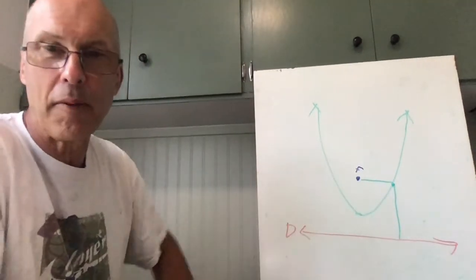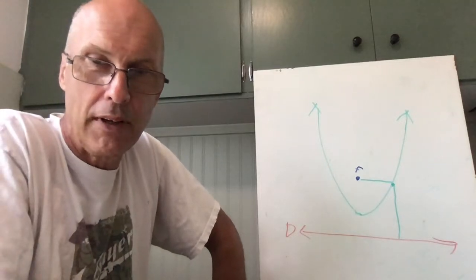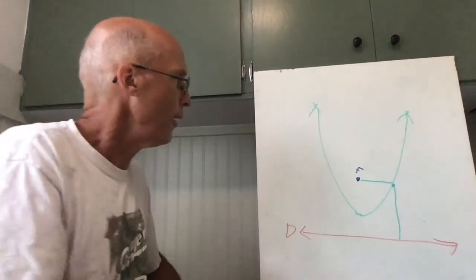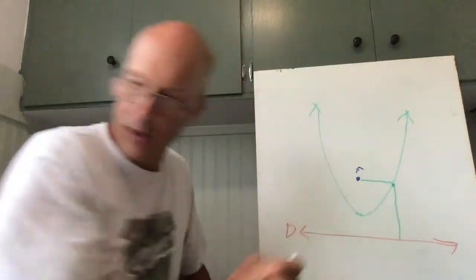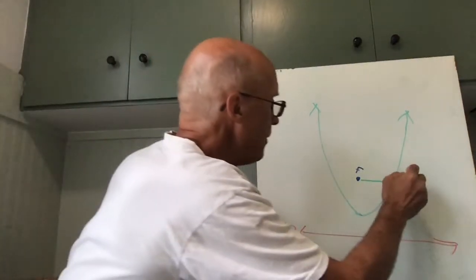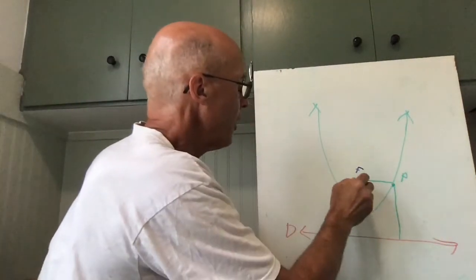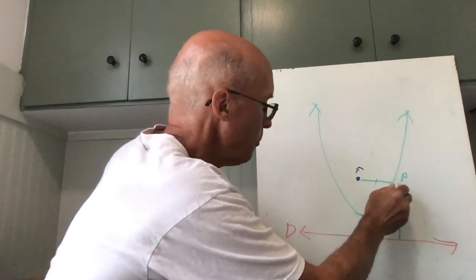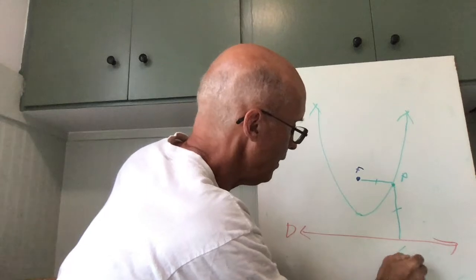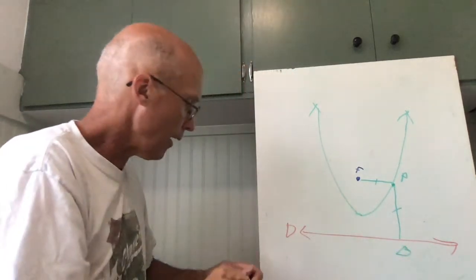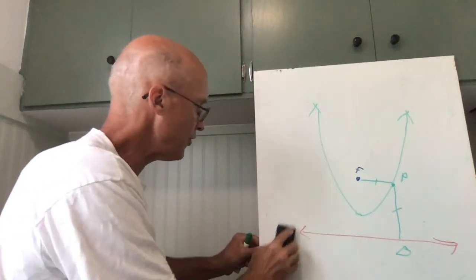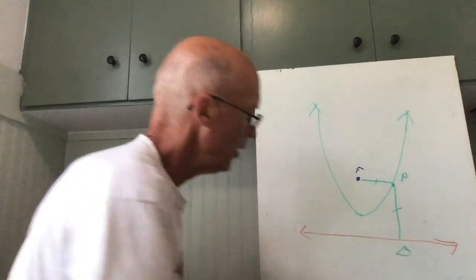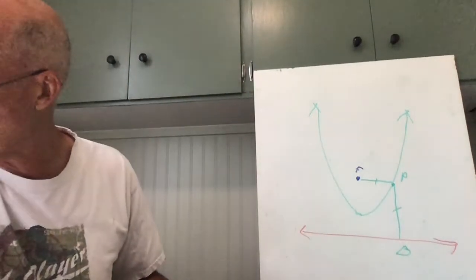Now, maybe on mine it might not be because I just kind of guessed at where things were, but we'll call this P. So the distance from F to P is the same as from P to D. Sorry, this is the directrix, this line, but they pick a point on the directrix.